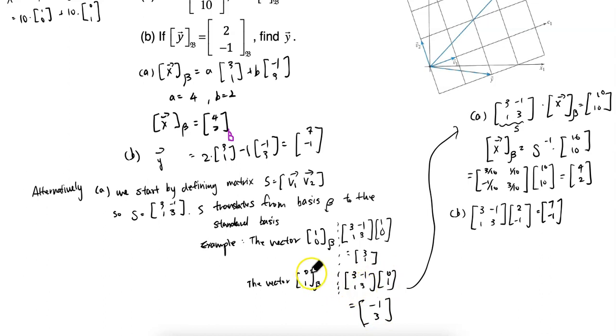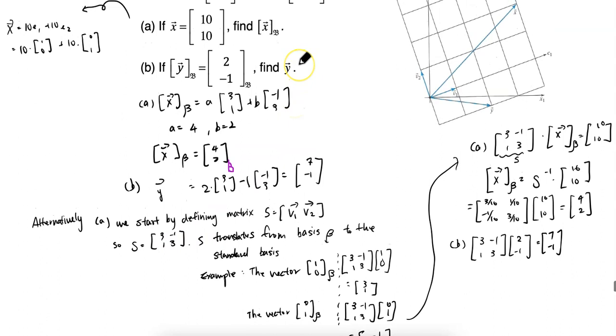So it has transformed vector v2 expressed in basis B to v2 expressed in the standard basis. This means this is a very useful matrix, right? It's going to allow us to solve these questions. It's going to allow us to solve question B most easily, because that's what S does. It transforms something from basis B to the standard basis.